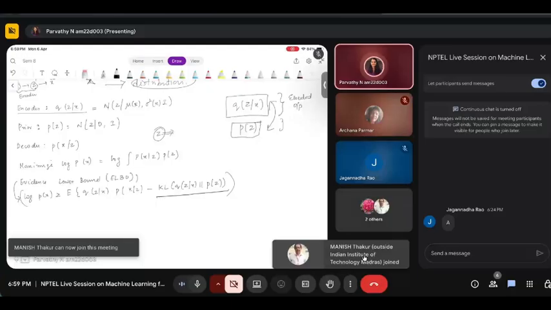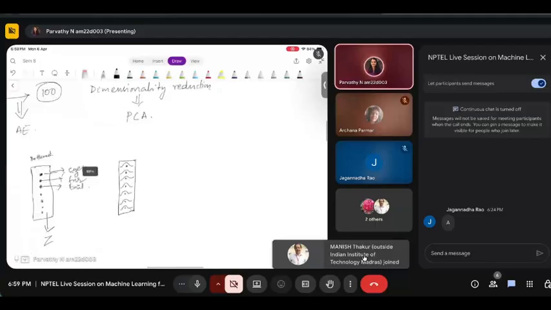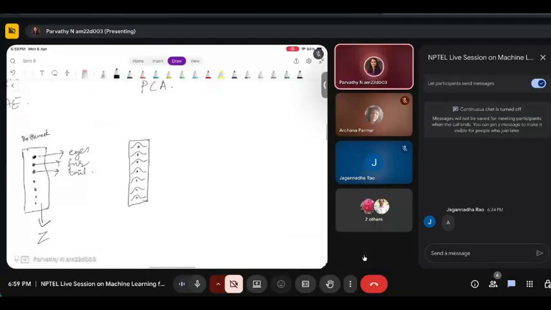Now why this is the case is, as I told before, for each of the points we have a distribution. So this will have a distribution mu1, sigma 1 square. This will have a distribution mu2, sigma 2 square.